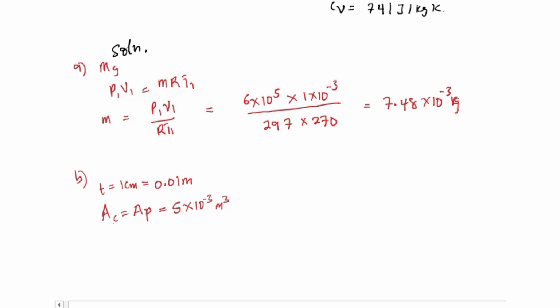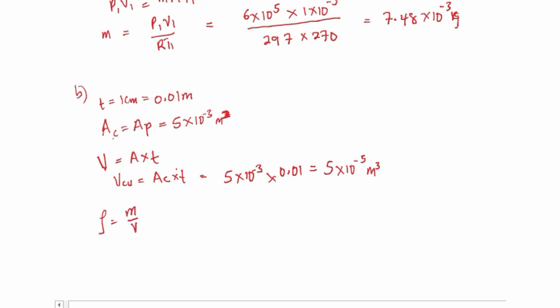So this is the cross-sectional area of copper. So now we know volume is area times a length dimension such as thickness. So the volume of the copper block is going to be the cross-sectional area multiplied by the thickness, which is 5 exponential minus 3 multiplied by 0.01, and this is 5 exponential minus 5 meter cubed.